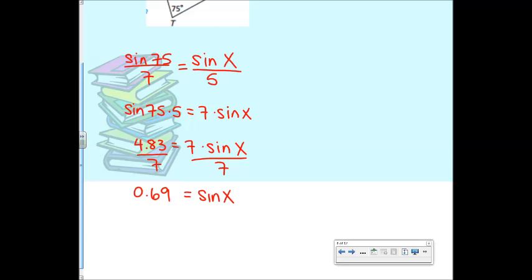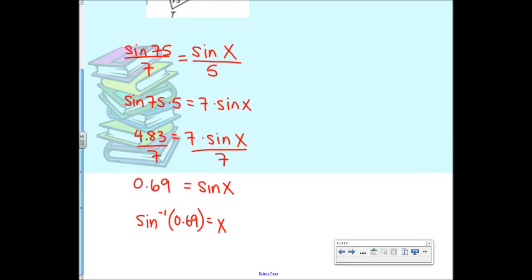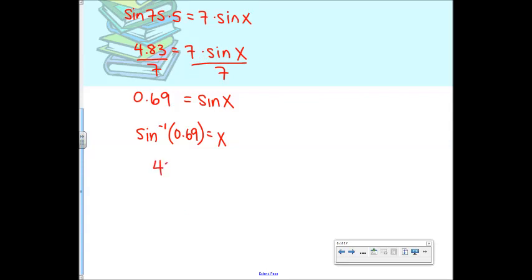Sine negative 1 of 0.69. Change your calculator to classic. All right, so then what does that give you? 6.3? Good.